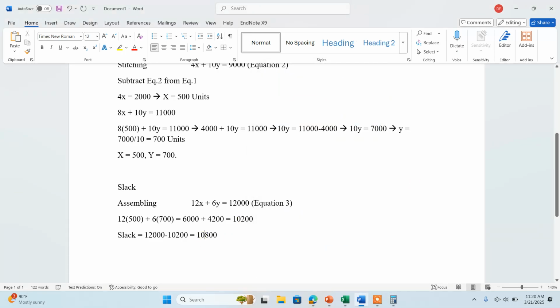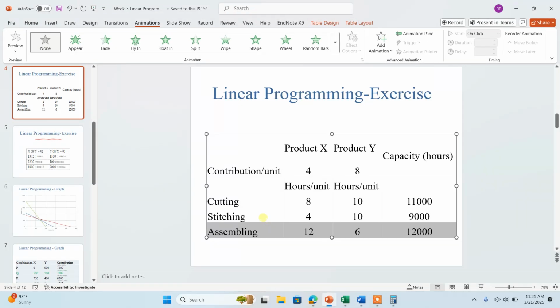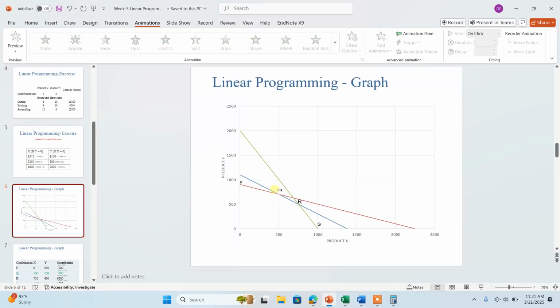I'm wasting 1,800 hours. Okay, this is actually my slack value. It may be number of hours, it may be raw material. So I cannot produce more of this combination because the other two departments are restricting me. So these 1,800 hours are now wasted.